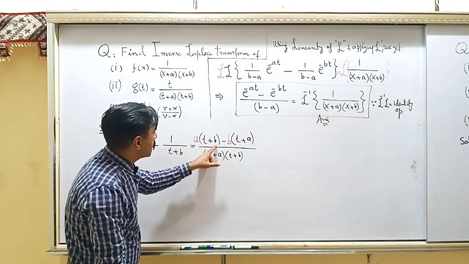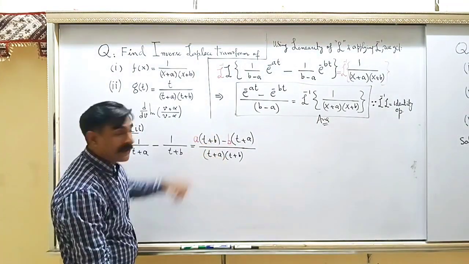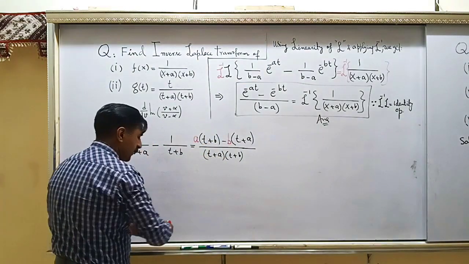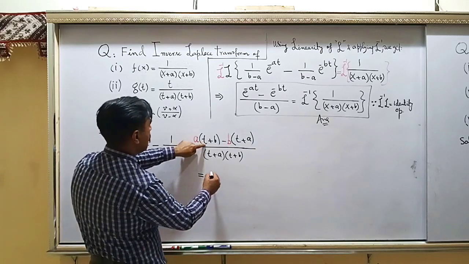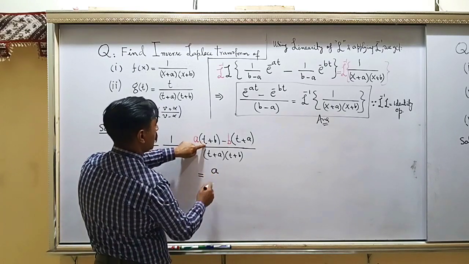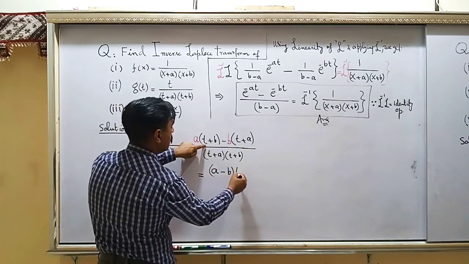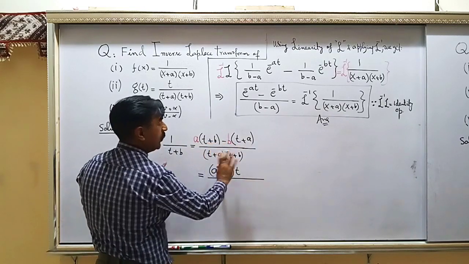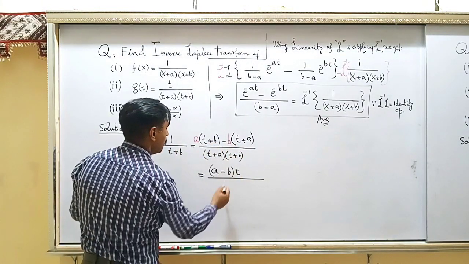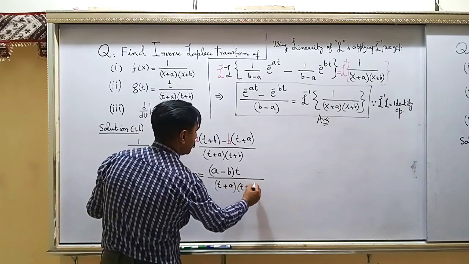So now your constant is being cancelled and you have t in your numerator. Let's write the next step so that t becomes visible. This is at minus bt, that means a minus b into t, and plus ab and minus ab will be cancelled, and the denominator is the same, t plus a and t plus b.